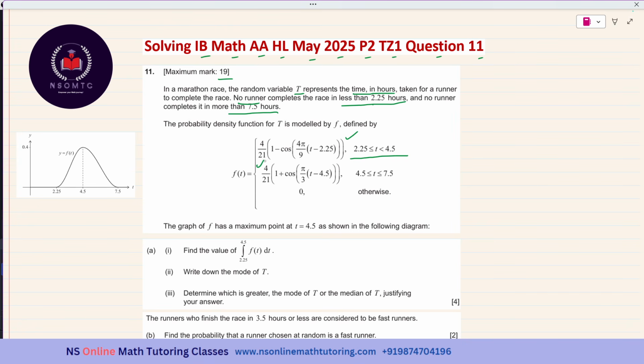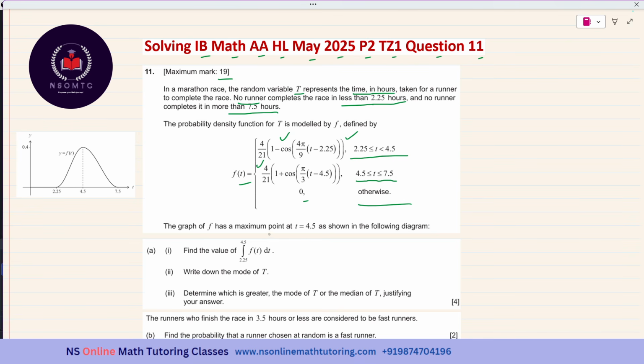And f(t) = 4/21 times (1 plus cos(π/3 times (t minus 4.5))), for t greater than or equal to 4.5 but less than or equal to 7.5. And f(t) is equal to 0 for other values of t.